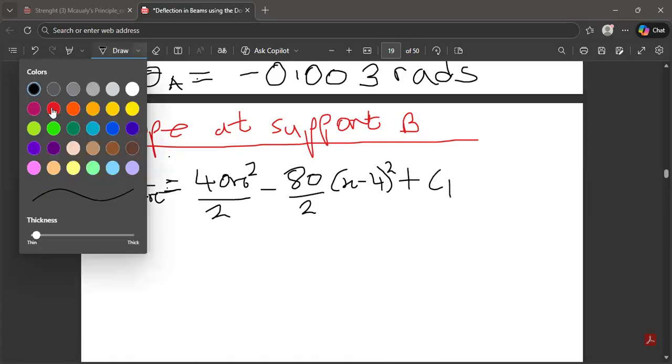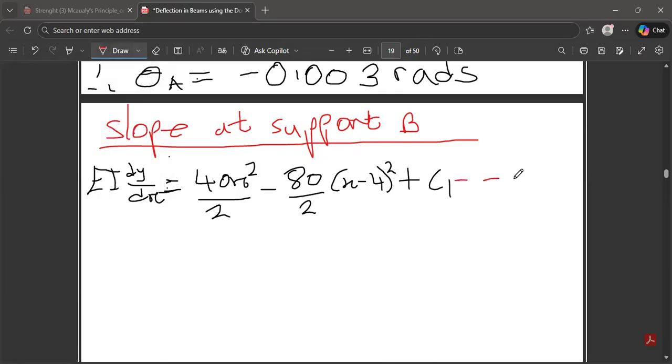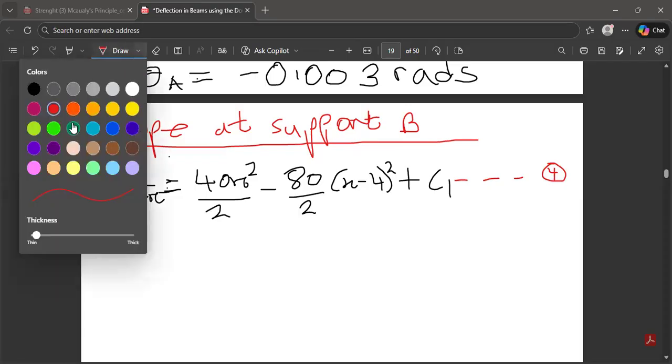So you see, this still remains the same equation 4 because we're using it to calculate for just the slope. Equation 5 is used to calculate for deflection. We've not yet gotten there.